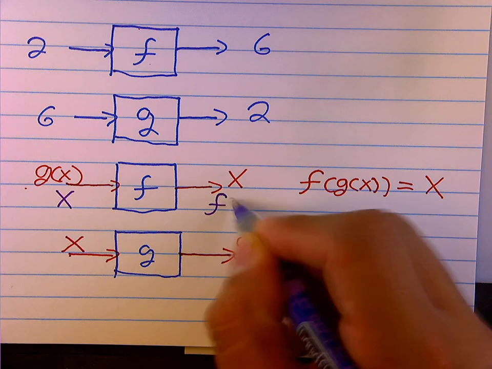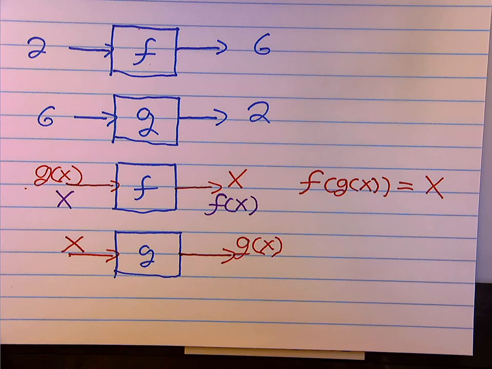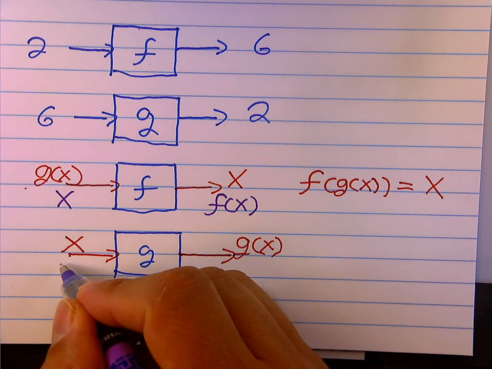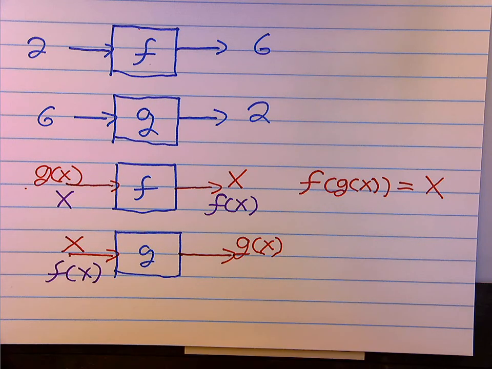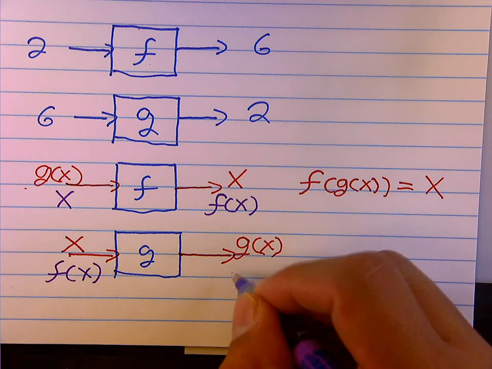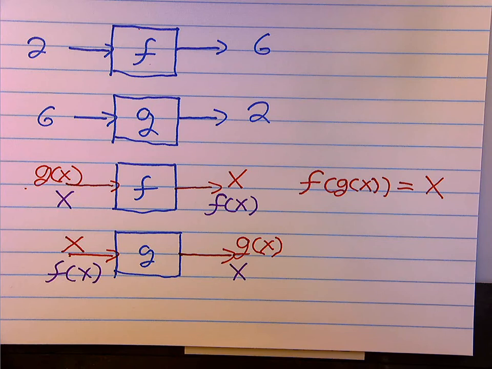I don't know, but this is the symbol that represents what comes out of F of X. That symbol literally reads the output of F for the input X. Then I'm going to take that output, and if G is an inverse, it must undo whatever F did and take it right back to X. Completes the loop.